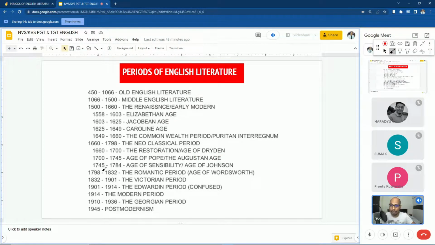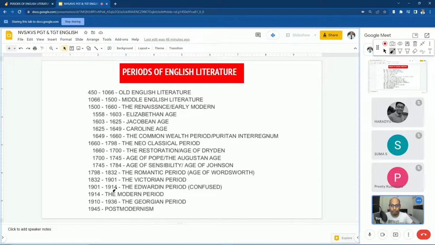Then from 1745 to 1784, it is known as the Age of Sensibility or Age of Johnson. Then from 1798 to 1832, it is known as the Romantic Period or Age of Wordsworth. Then from 1832 to 1901, the Victorian Period.